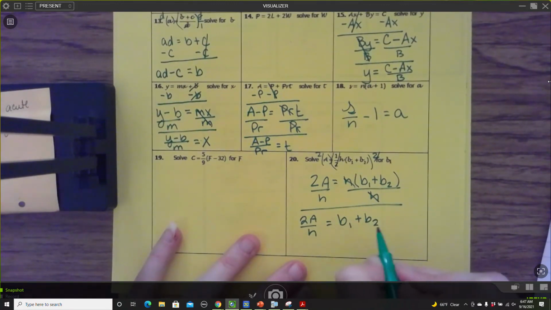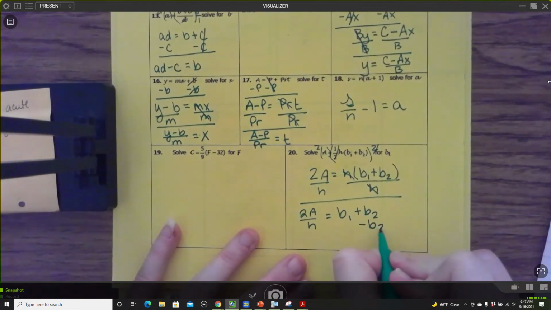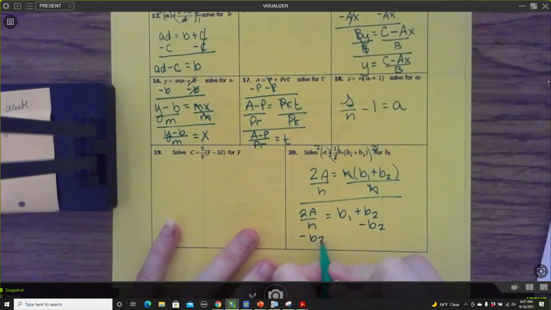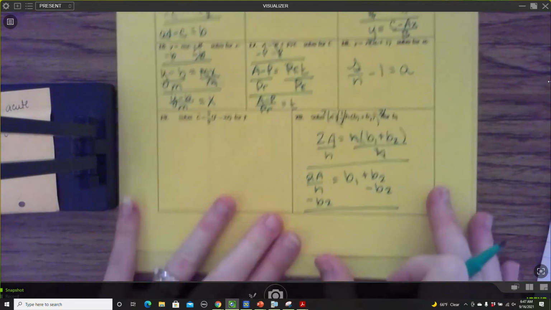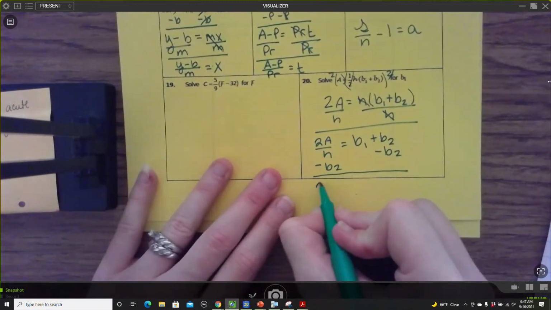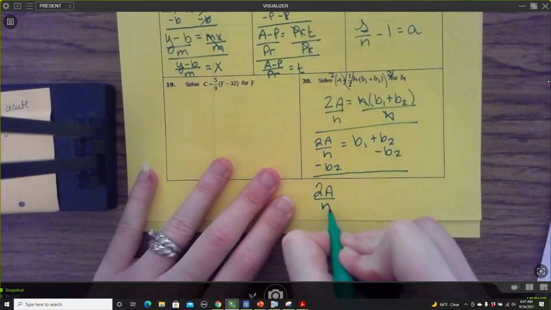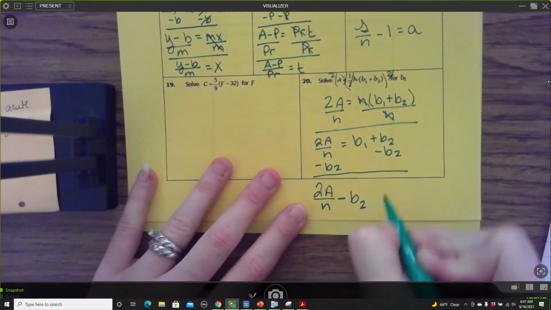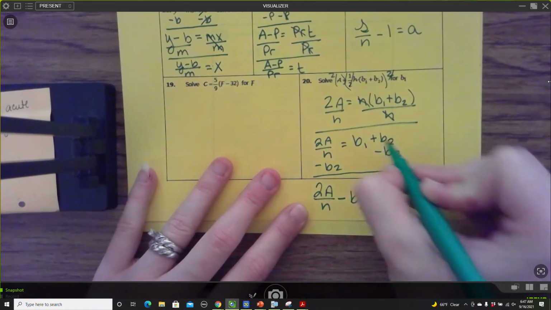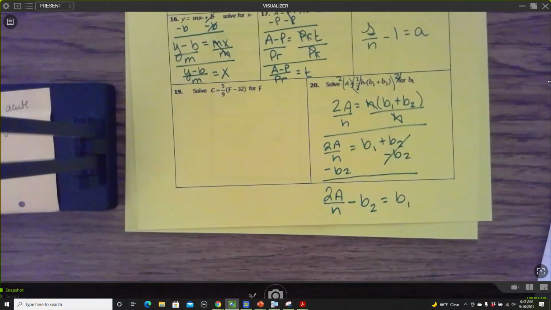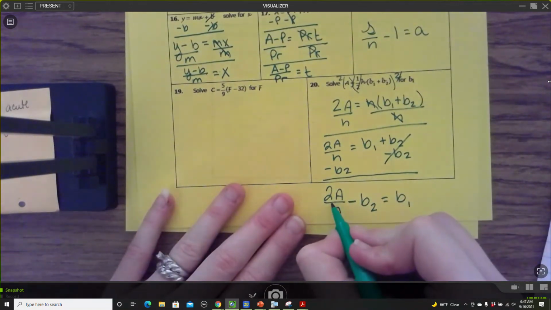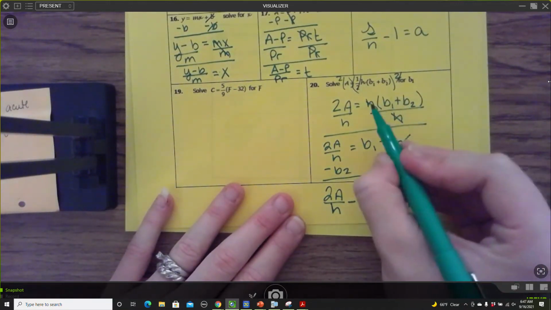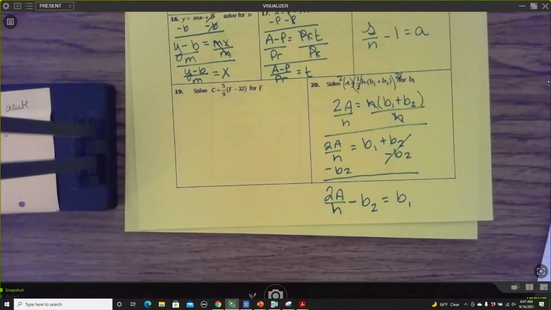If I want b1 by itself, I'm going to subtract b2 from both sides. I'm running out of space. So I would have 2a divided by h minus b2 equals b1. Positive and negative b2 cancel. Again, there's another way you can work that, if you distribute that h out before you do anything else.